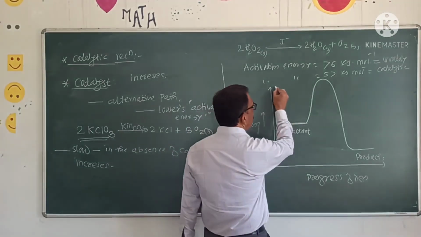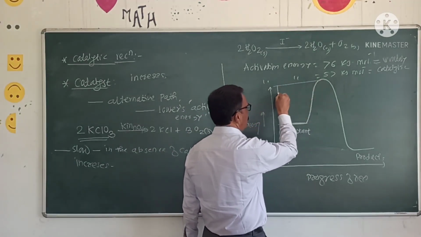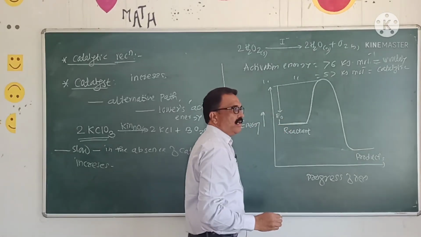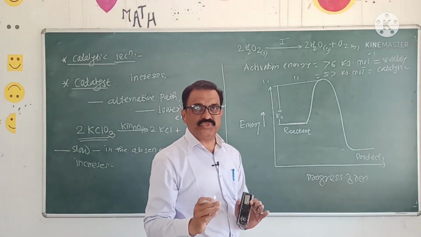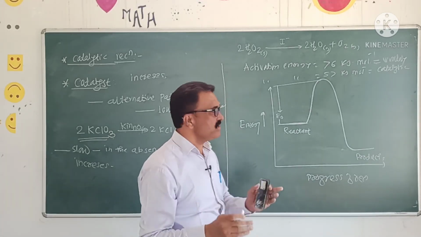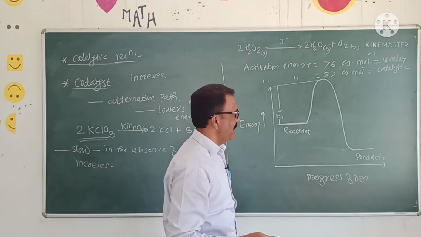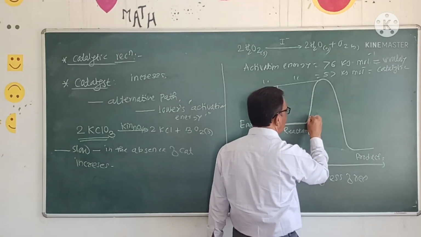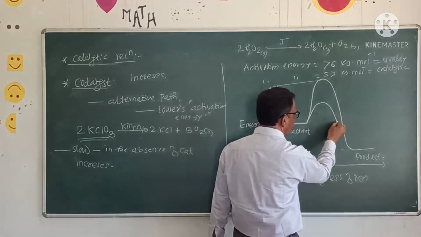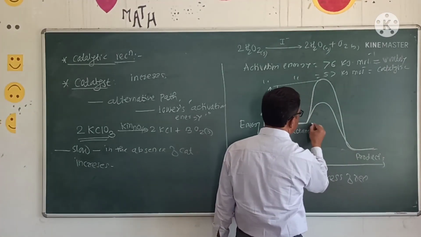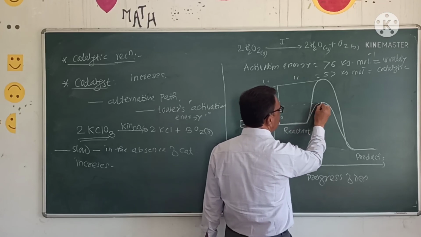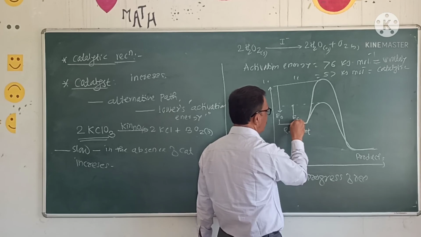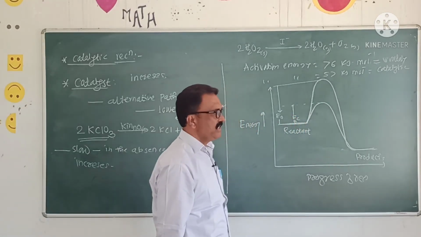Suppose this is the value E0 when no catalyst is used. If we use the iodide ion as a catalyst, the height of this potential energy barrier decreases. This is the activation energy when a catalyst is used.